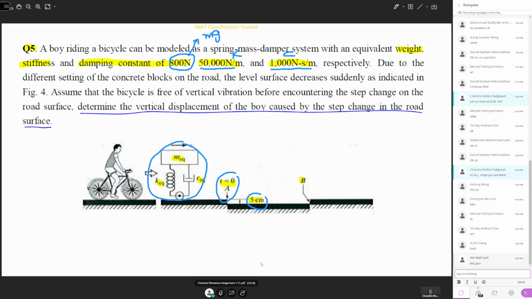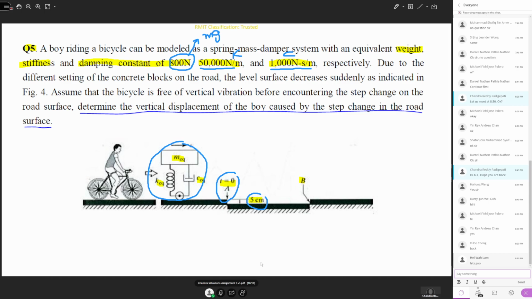So before that, the vertical displacement is 0. You're asked to determine the vertical displacement of the boy caused by the step change in the road surface. So what will be the vertical displacement when he is subjected to a vertical displacement of 5 cm when the time t is equal to 0?